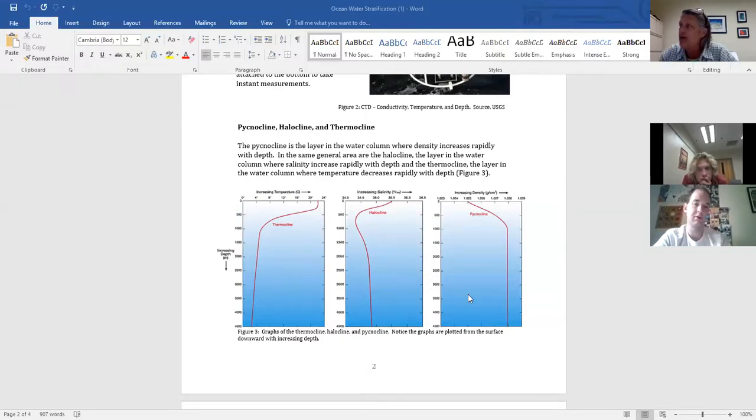A couple of things to remember: you have variable temperature, and you have abundant oxygen. Oxygen is put in by the photosynthesis of plants and algae, mainly algae in the ocean, and then some atmospheric interaction, waves and such, fold gases in.